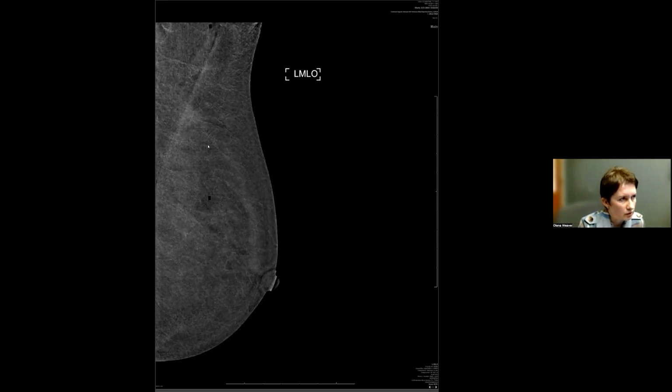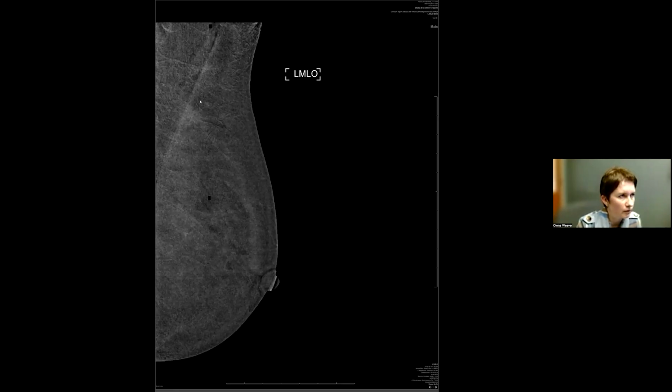There's this triangular looking artifact with a bit of enhancement along the edge of the pectoralis muscle. We usually don't see that, but sometimes, due to software issues, recombination can create this artifact.